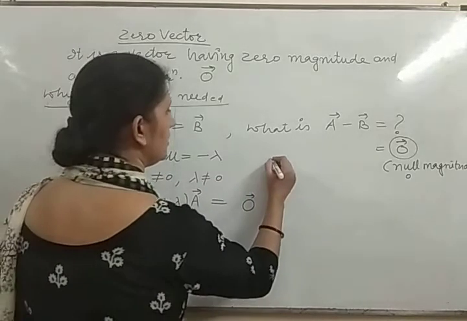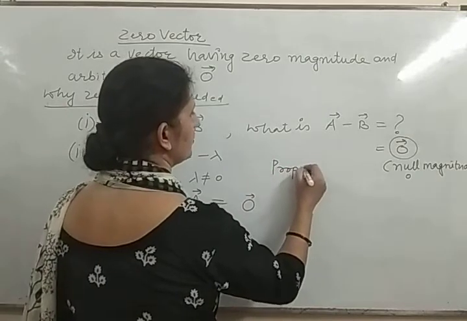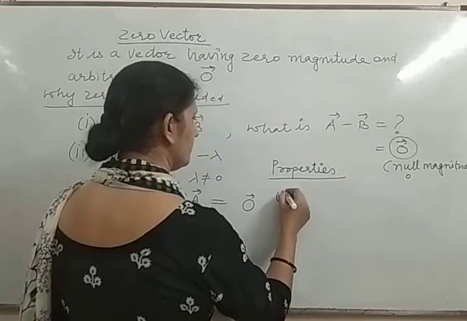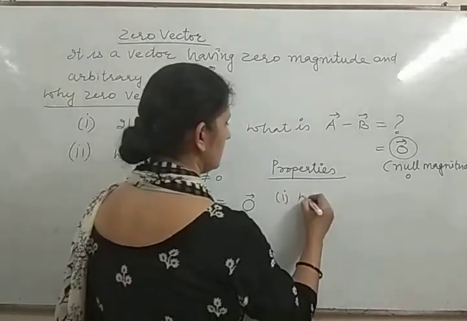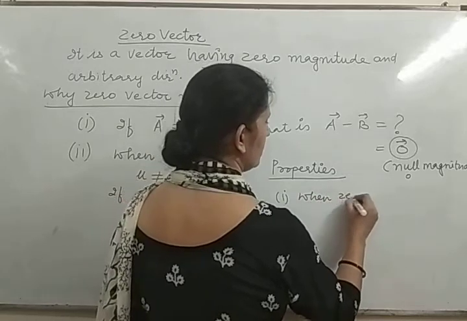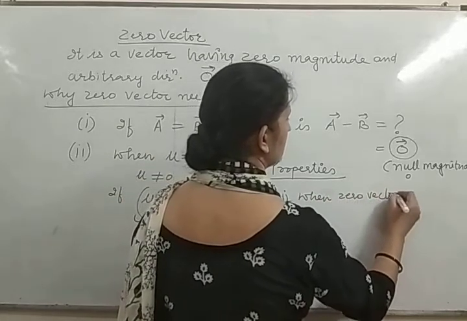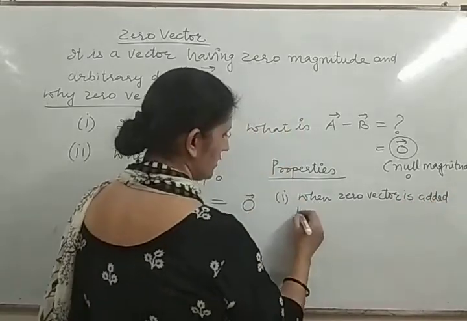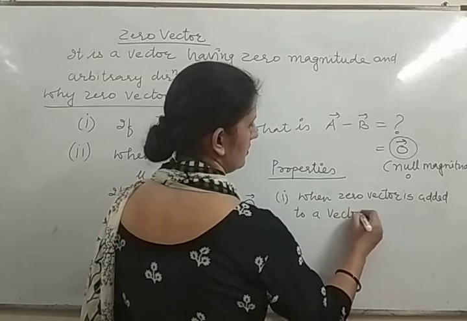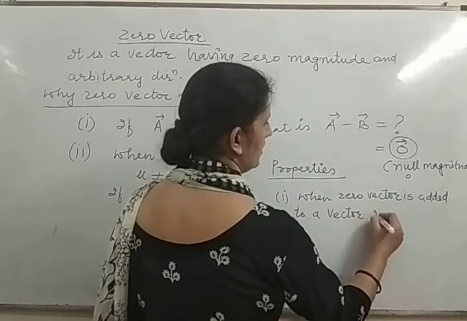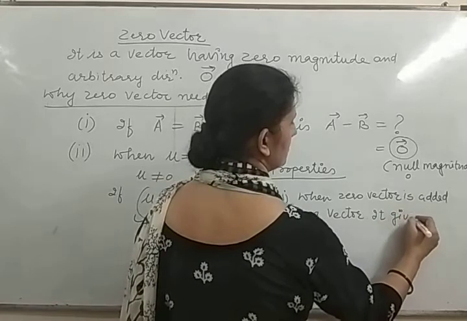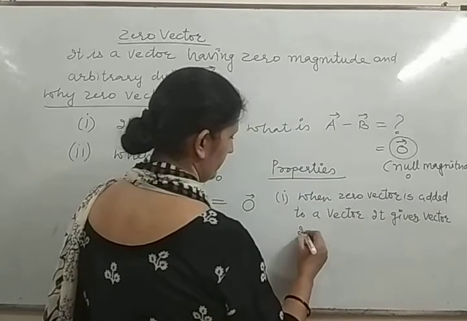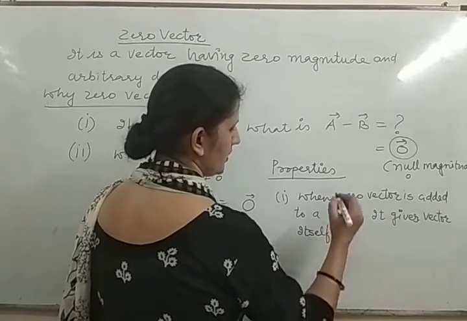Now what are the properties of the zero vector? First property: when a zero vector is added to a vector, it gives the vector itself. How?